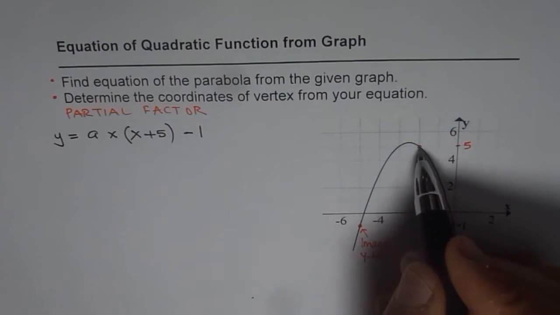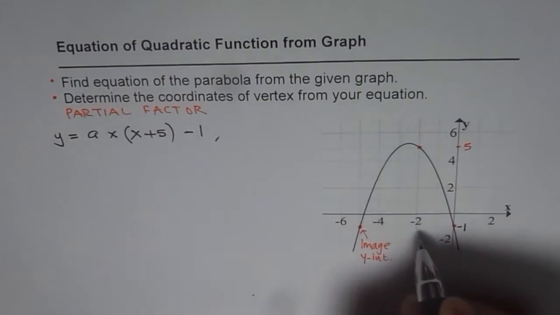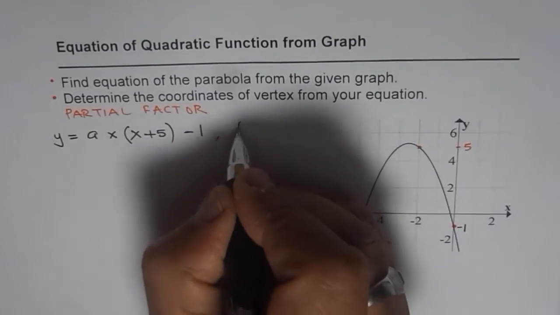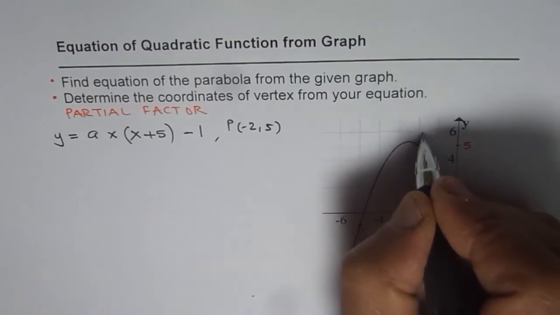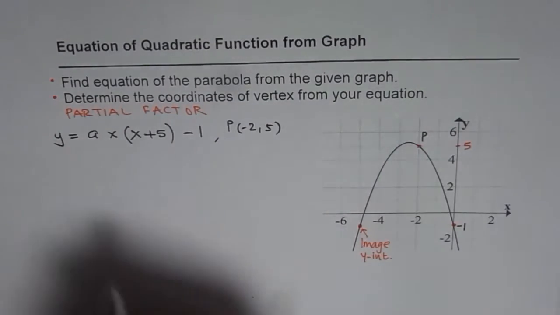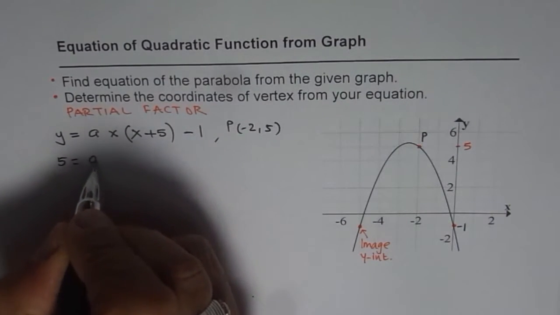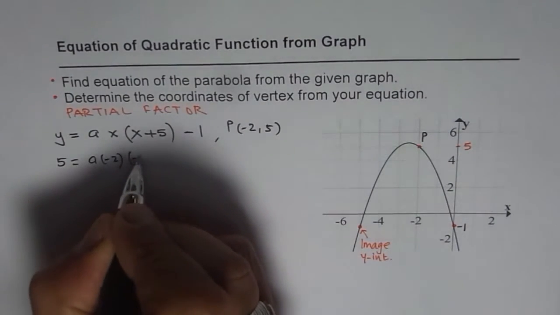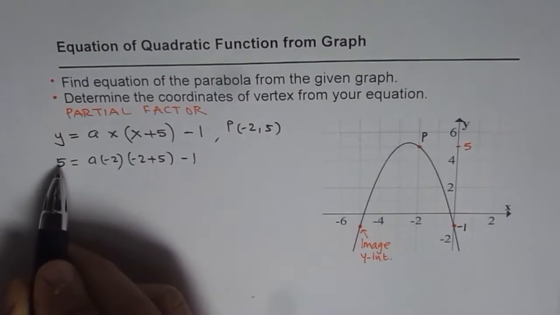Now, to find the value of a, we can use the point given to us, which is (-2, 5). Let's call this point P, which we are going to utilize to find the value of a. So 5 equals a times (-2 plus 5) minus 1. Let's find what a is.